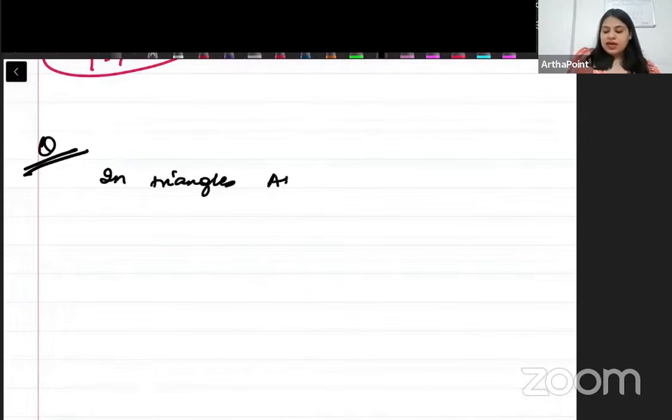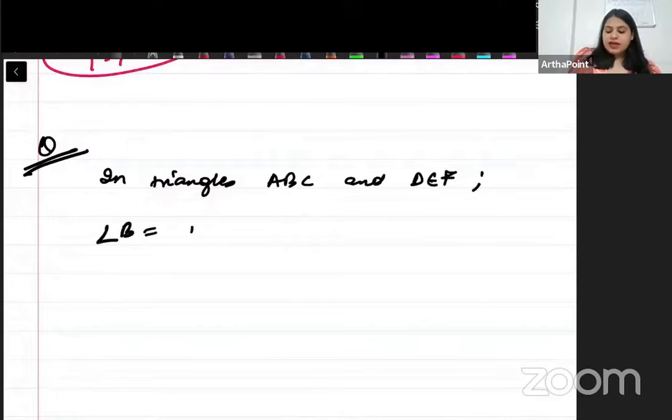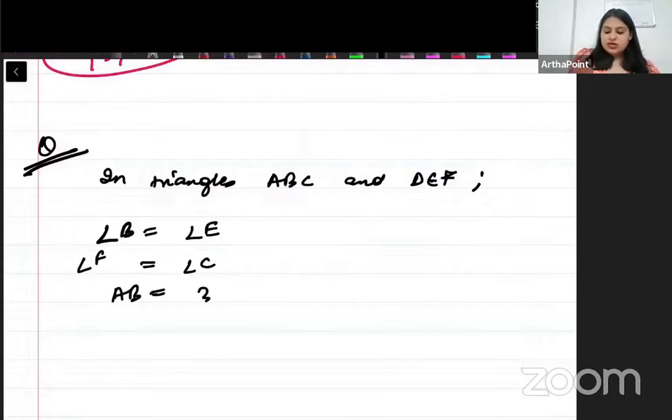Okay, let's take one last question from triangles. Then you can practice on your own. In triangles ABC and DEF, angle B is equal to E, angle F is equal to C, and AB is 3 times DE.